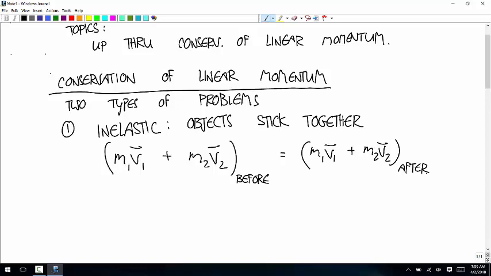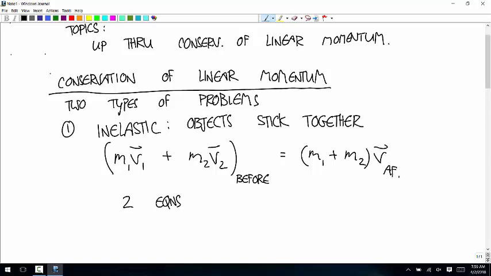And that's a vector equation, so that means there's 2 components, and so this gives you 2 equations. They stick together, so after the collision, you have the 2 masses with a single velocity.